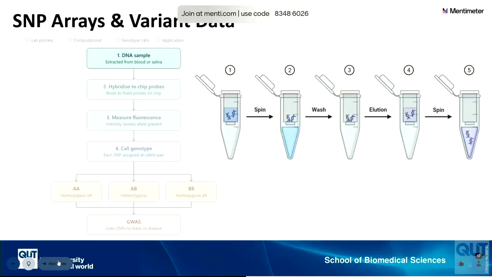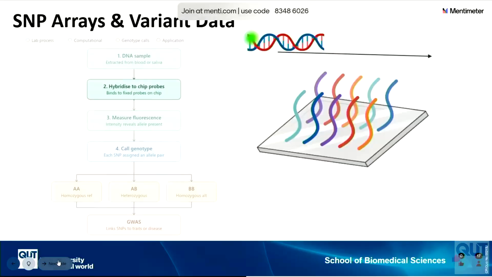So now we're moving on to the single nucleotide polymorphisms array and variant data. This one is very similar, and can also be used for a lot of patients. However, they start off with taking your blood or saliva and getting your DNA extracted. We've heard that before. Then we take the DNA, apply a fluorescence probe to it, and run it over this chip, which has these antibodies specifically made for single nucleotide variants.